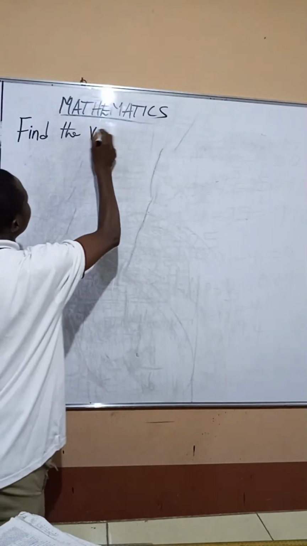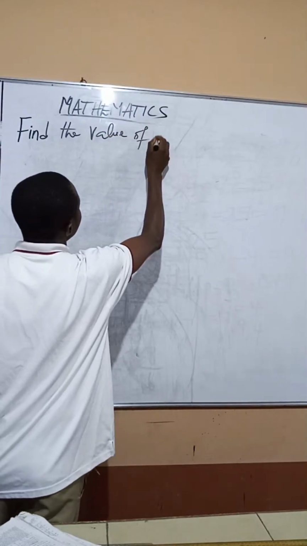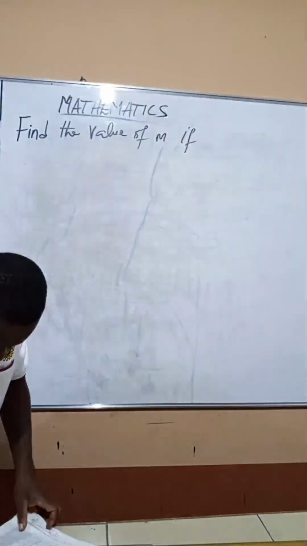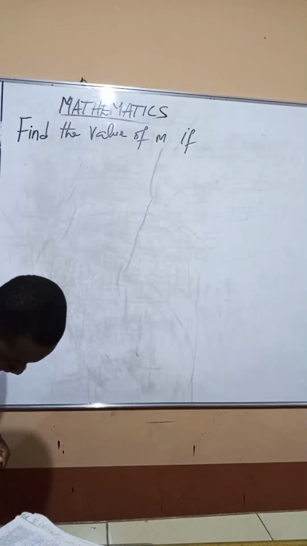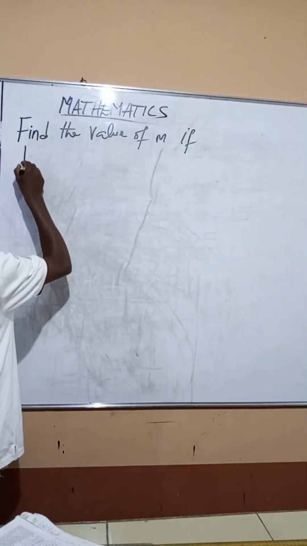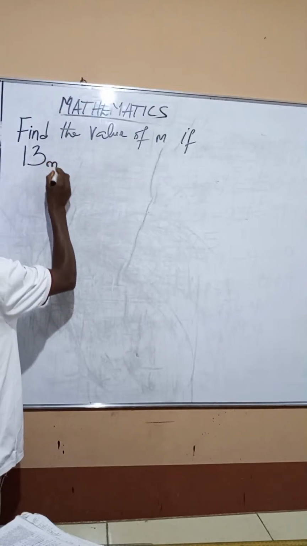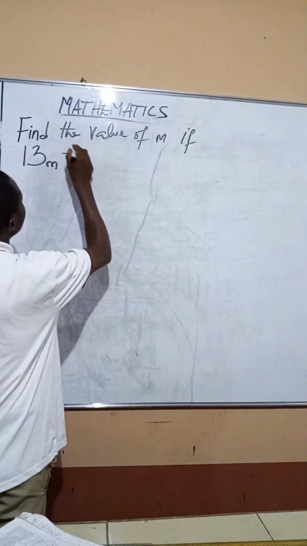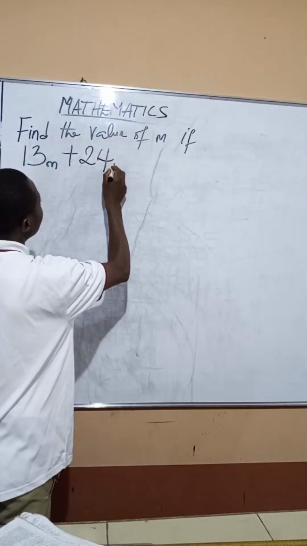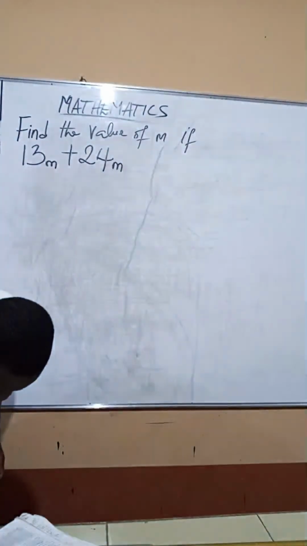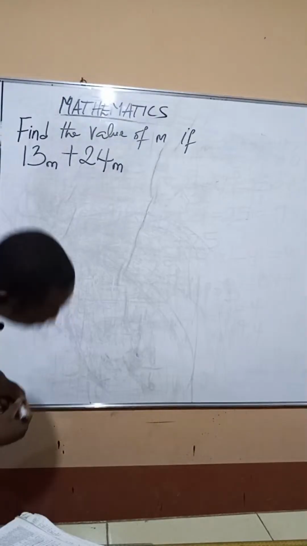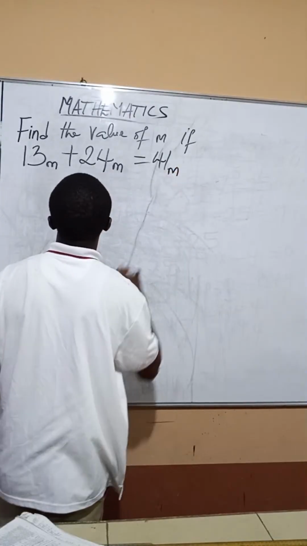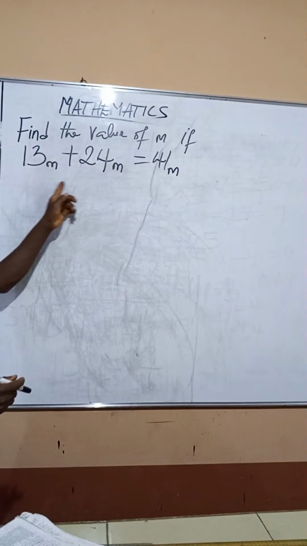Find the value of M if 13 to the base of M plus 24 to the base of M is equal to 41 to the base of M. I'm sure you can see this question, right?